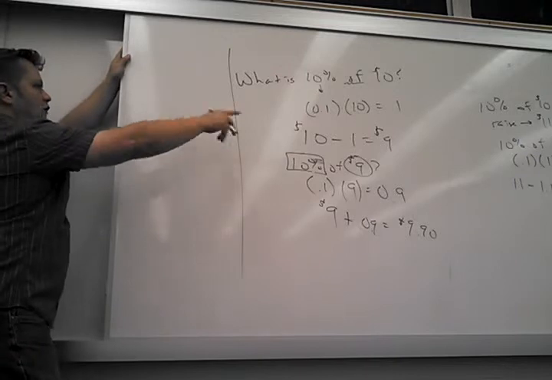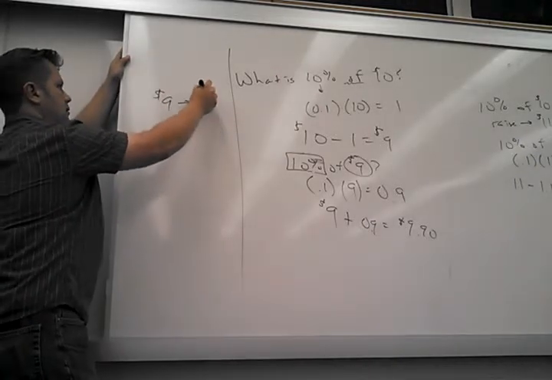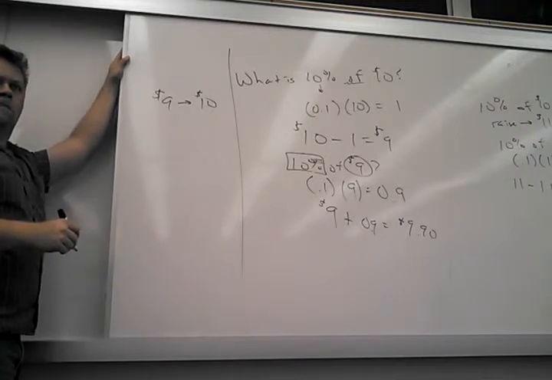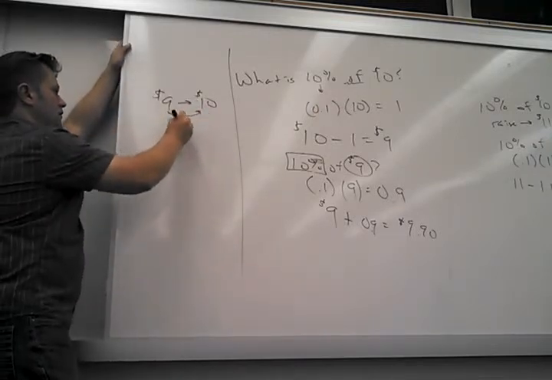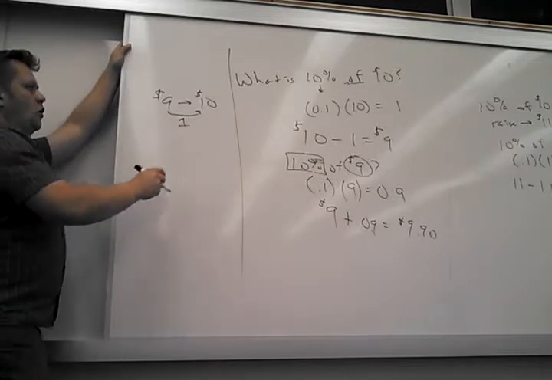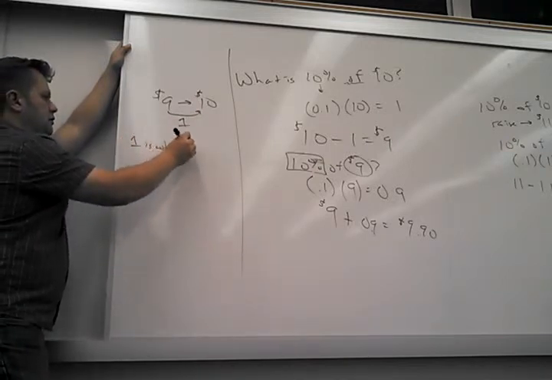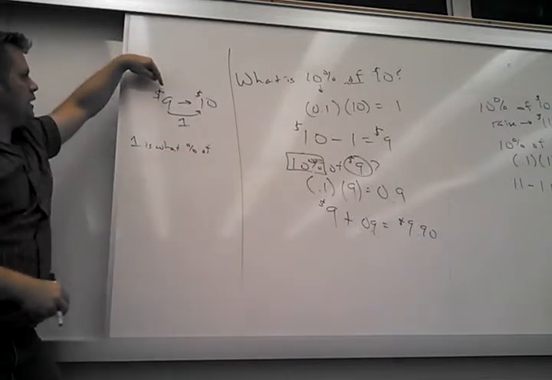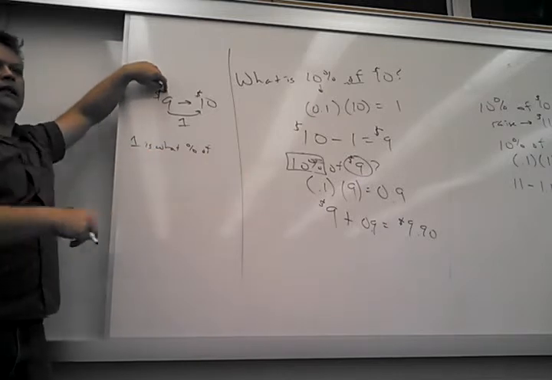mathematically. So if I'm at $9 right now, and I want to be at $10, how big of an increase would that be? $1. Right. So I really want to know, 1 is what percent. Now real quick, they did 10% of 9, and they got me to 9.90.